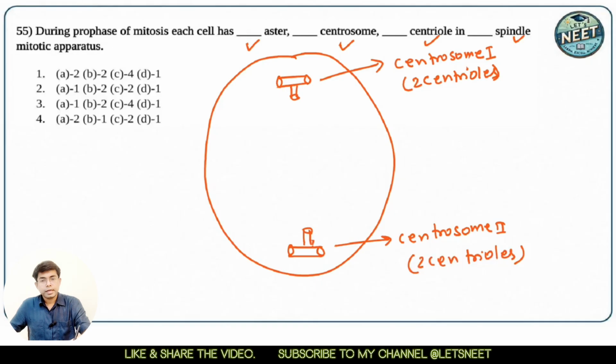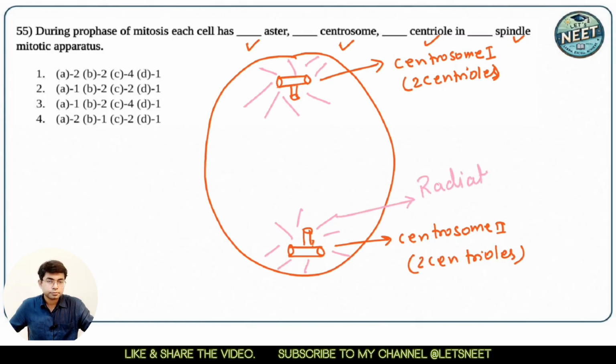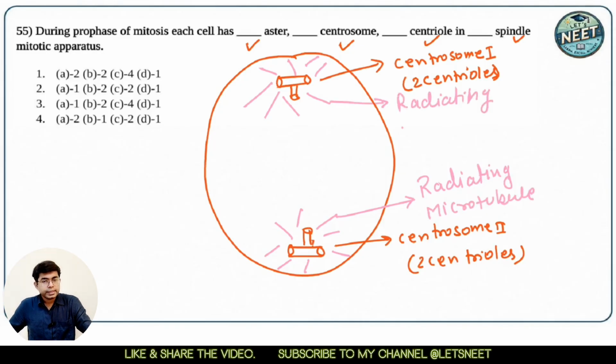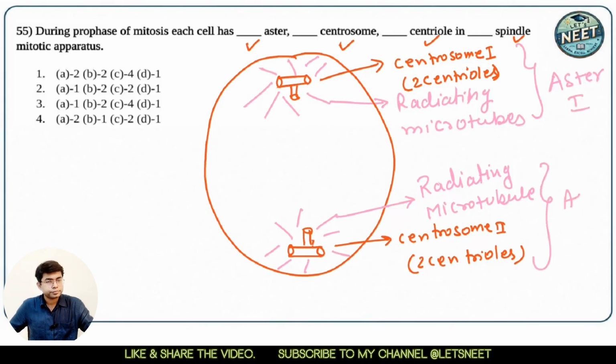Now, these centrosomes will have radiating microtubules like this, right? I will label this as radiating microtubule. And here also there will be radiating microtubules. Now these radiating microtubules along with this centrosome, this is called aster. So we call it aster 1 and this one is aster 2.